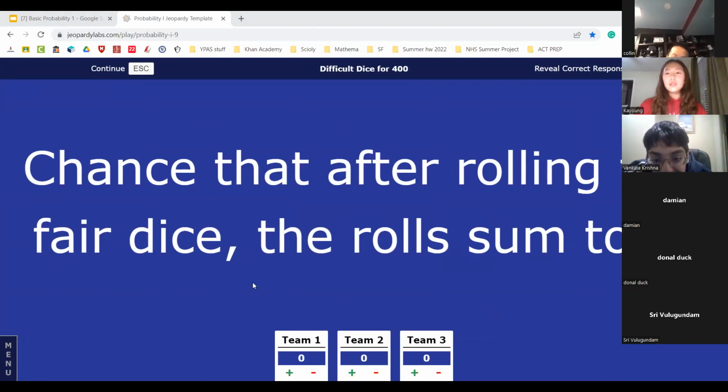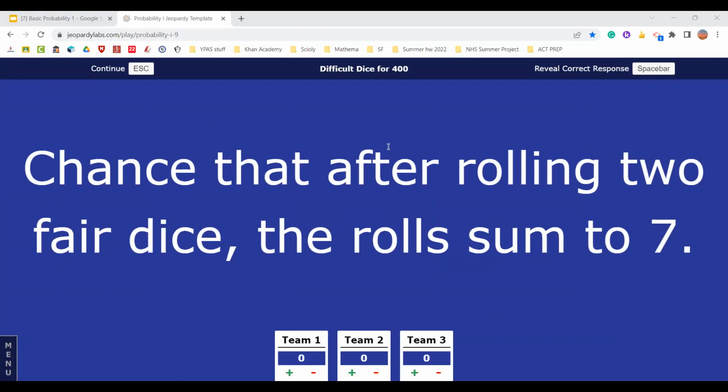Okay, so the question is: the chance that after rolling 2 fair dice, the rolls sum to 7. This one's a little difficult, I think. So you guys can talk to each other, you can unmute, which would be easier.